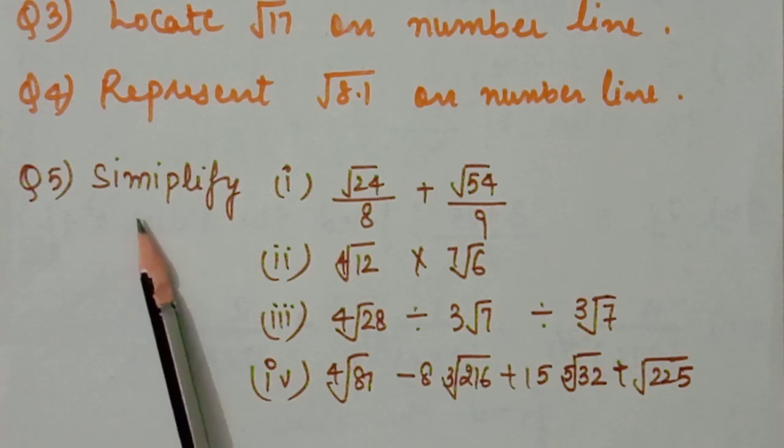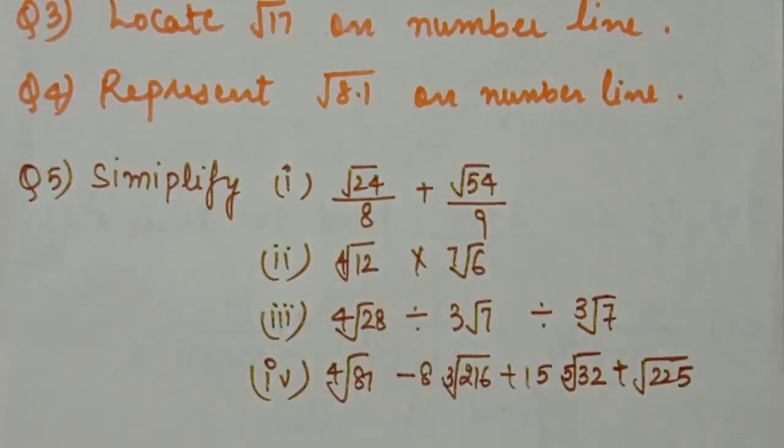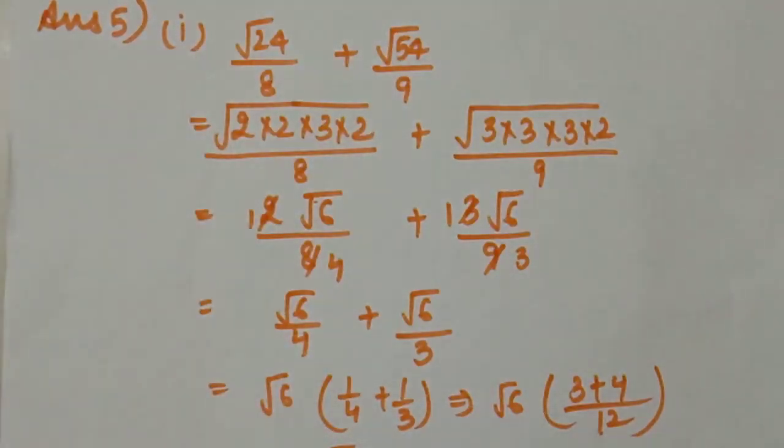This is question number 5th. Simplify. We have 4 different parts. Answer 5th, part 1.